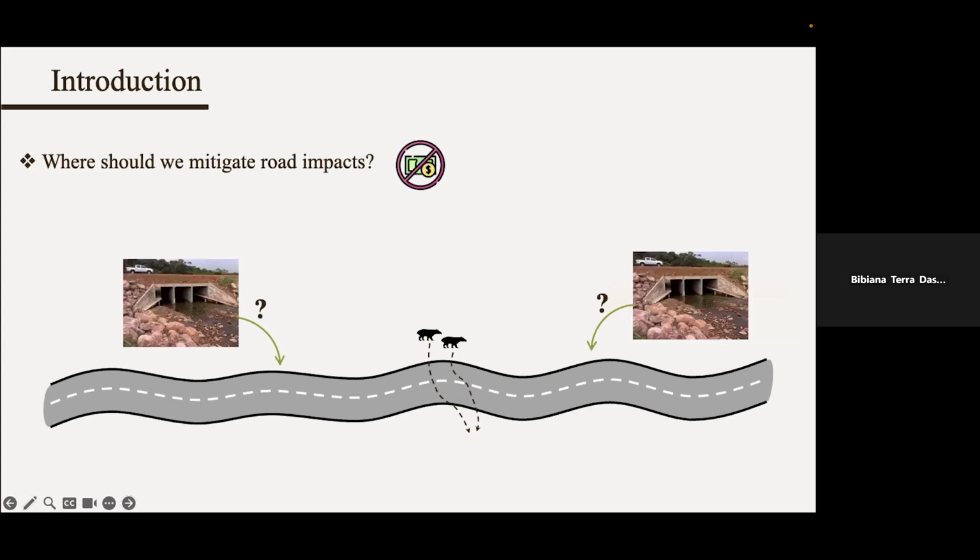One frequently asked question is, where should we mitigate road impacts? As we have limited financial resources, we should prioritize mitigation efforts in areas where they would be most effective. For example, we should install underpasses where individuals will really cross, not in a random place.